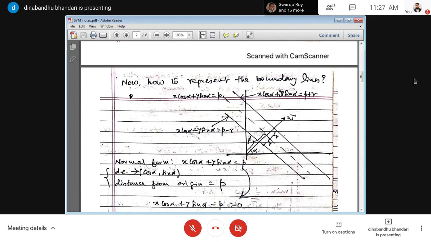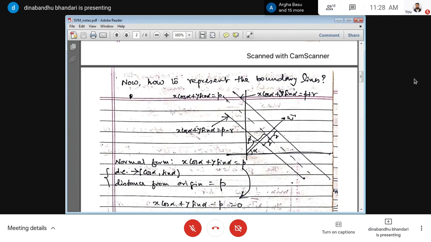Then the equation becomes ax plus by plus c equal to 0. Or in 3 dimensions, the plane equation in normal form we write as Lx plus My plus Nz equal to p, where L, M, N are direction cosines.